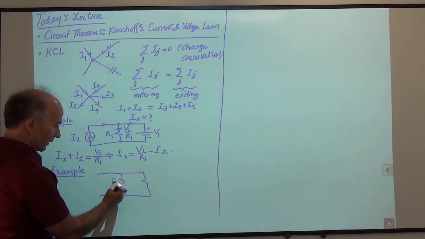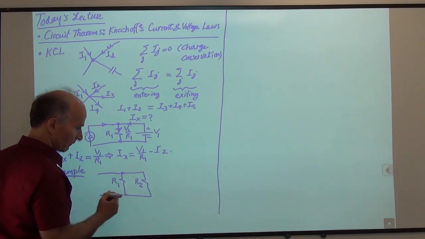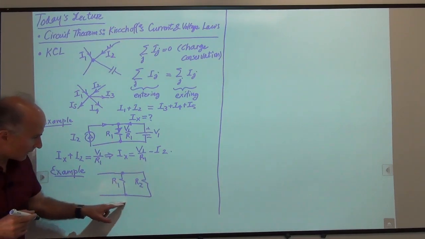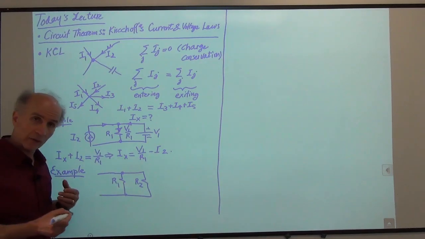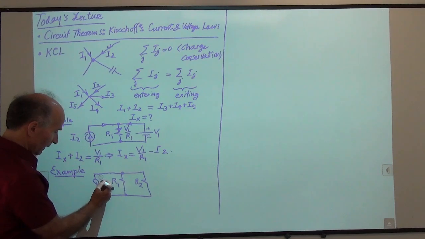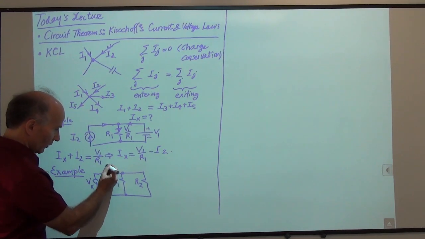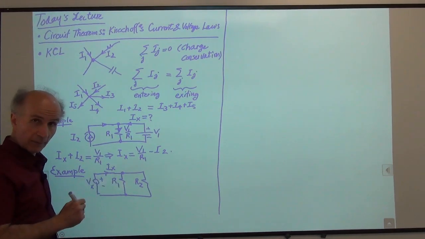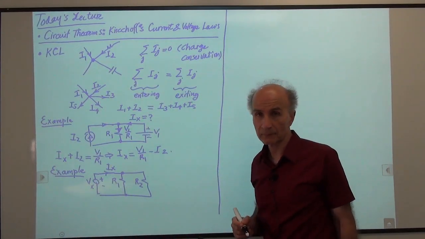So R1, R2. Okay, someone puts it in a black box and says, find the equivalent resistance of this black box between these two wires. So we apply our usual technique. We say, okay, we got Vx and we measure Ix. Or we can apply a current source, Ix, and measure Vx. It's the same thing.